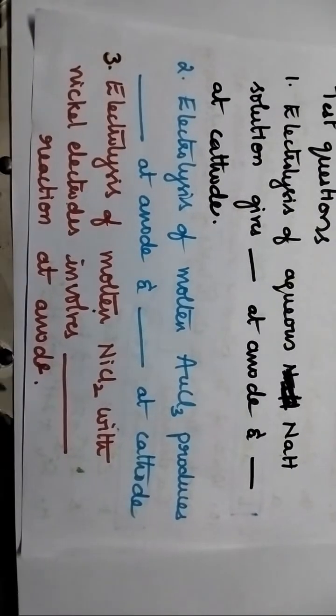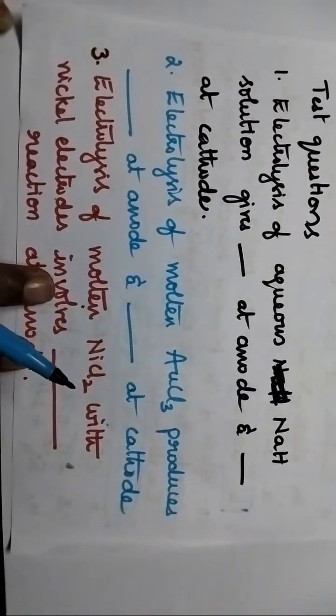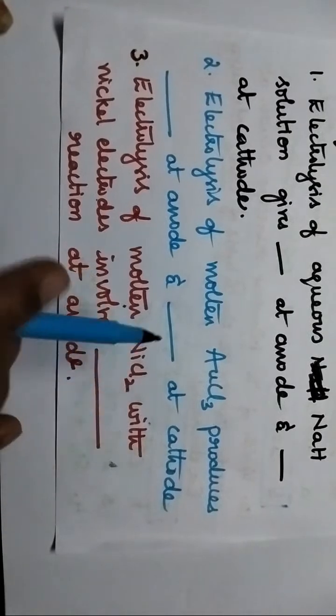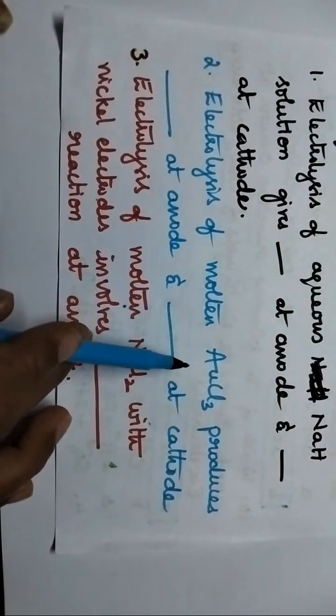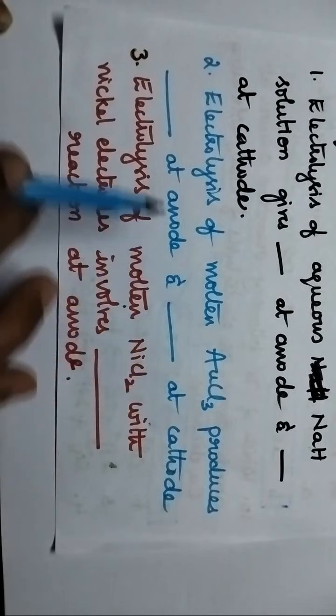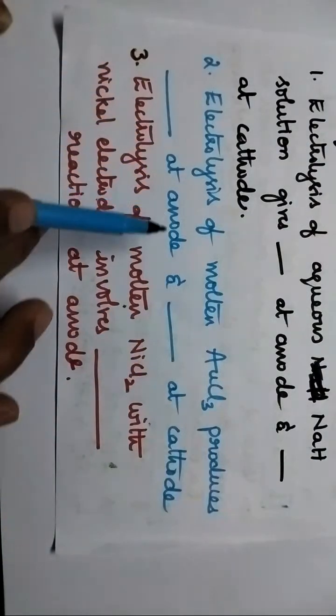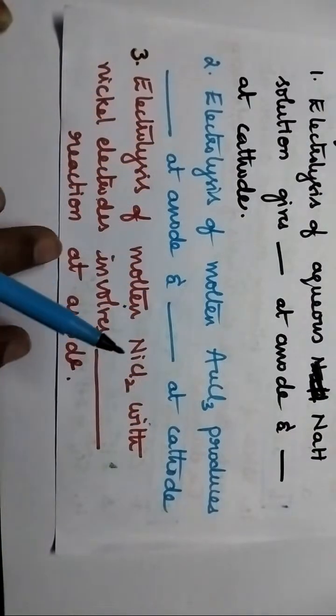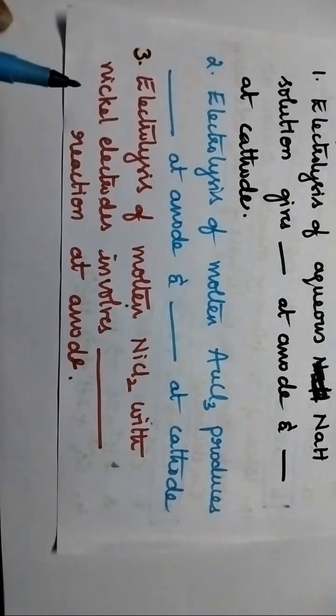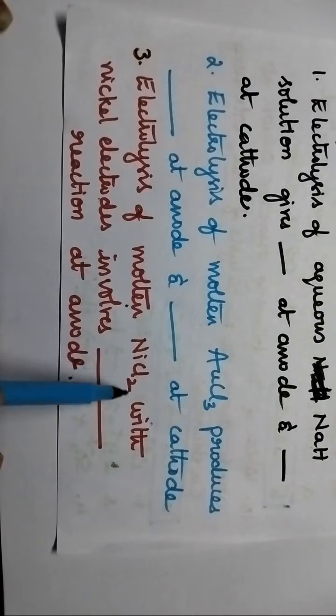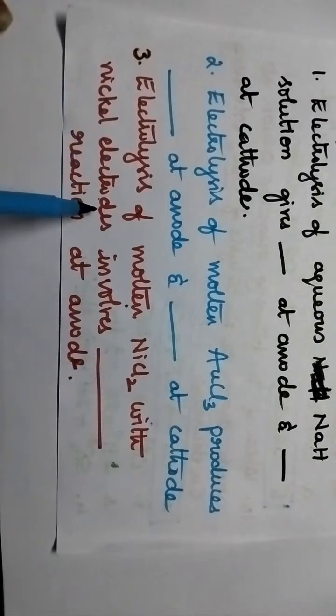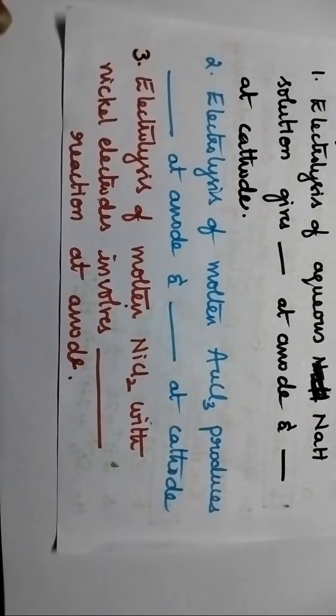The second test question: the electrolysis of molten gold chloride produces dash at anode and dash at cathode. Moving to the third question: electrolysis of molten nickel chloride with nickel electrodes involves dash reaction at the anode.